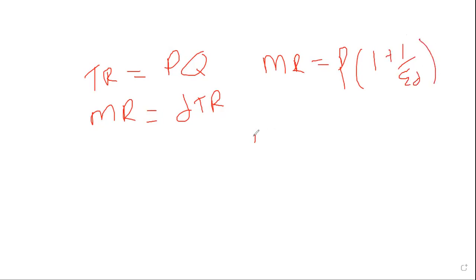So we know that MR is equal to dTR over dQ. And dTR is the same as what? Price times quantity.